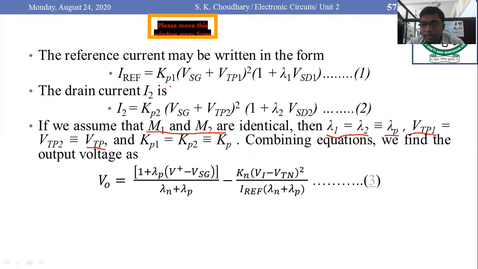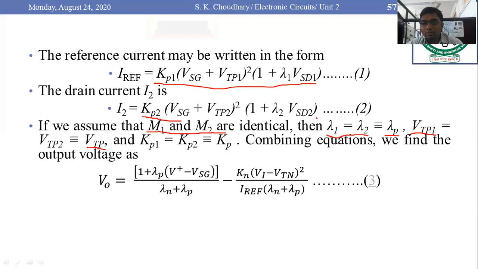Okay. So you can put this variable Kp1 up to this, equal to Kp2 up to this. In this way, you can correlate the Vsd1 and Vsd2. Vsd2 is nothing but V plus minus V0. Vsd1 is nothing but Vsg.